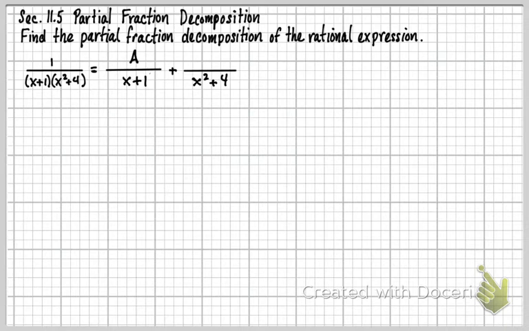Now when I look at this next polynomial down here, that's an x squared plus 4, so that's a degree 2 polynomial. This means up top I have to put a degree 1 polynomial. So the way I'm going to write that is bx.